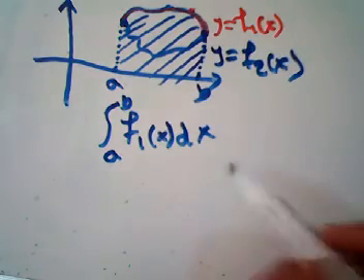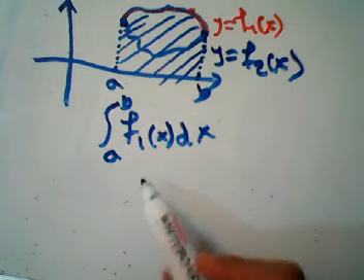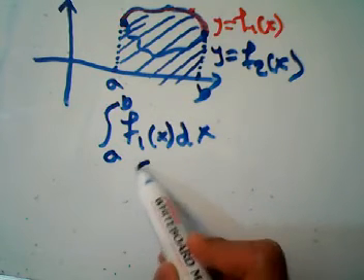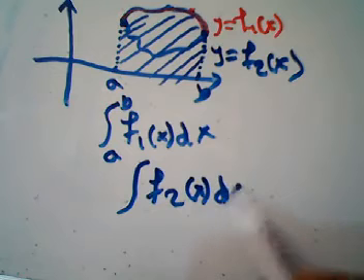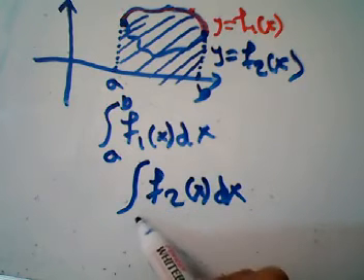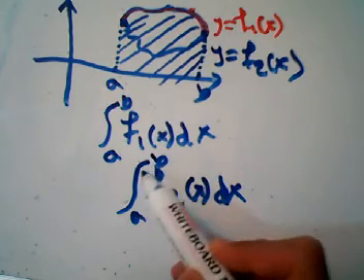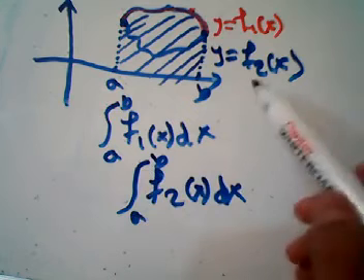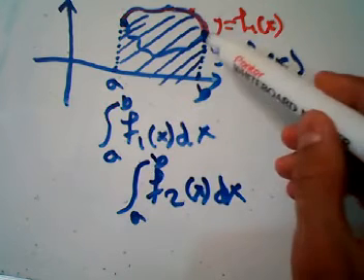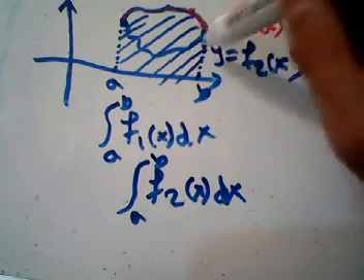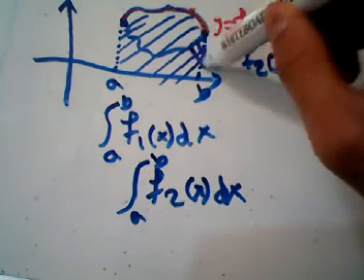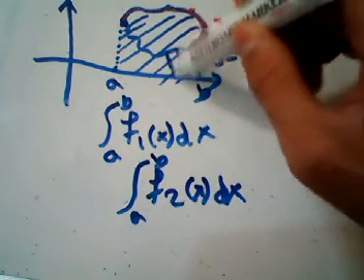And what is the integral of f2(x) dx from a to b? It is the area under the blue curve, which is this area.